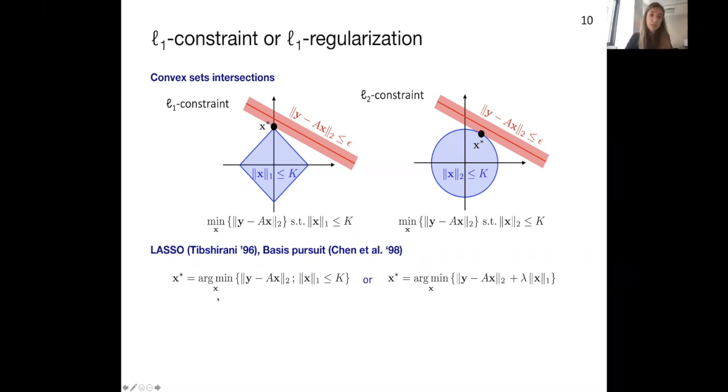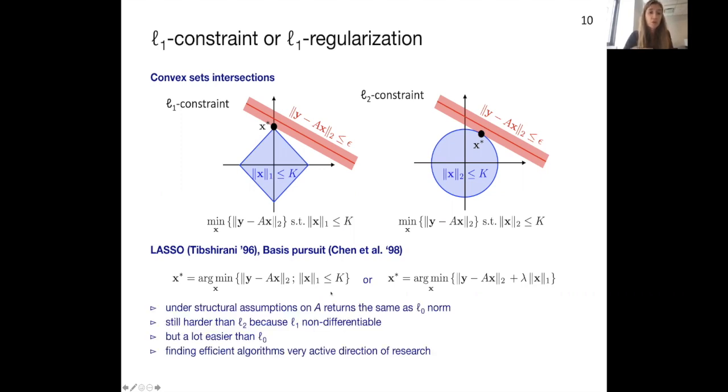It's basically solving this regression problem under the L1 constraint. Under structural assumptions on A, this problem returns the same results as the problem constrained with the L0 norm. It's still harder than solving something with the L2 constraint because the L1 norm is non-differentiable, but it's easier than with the L0 norm.